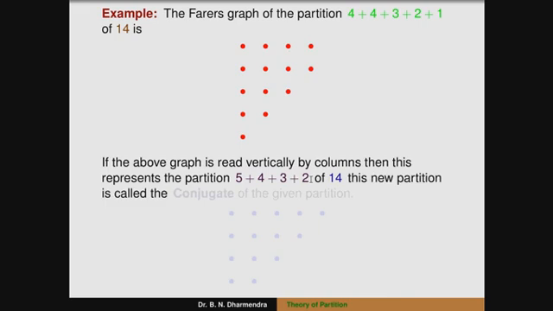This new representation is called the conjugate of the given partition. Writing the columns in terms of rows, the first is 5, then 4, then 3, then 2. So the partition and its conjugate are related to each other, and 14 can be written like this.